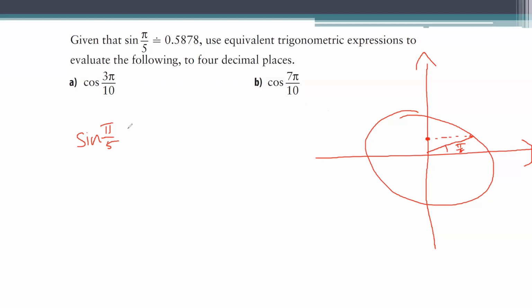So basically, 3 pi over 10 is going to be 3 pi over 10. Pi over 5 is 36 degrees, I believe.